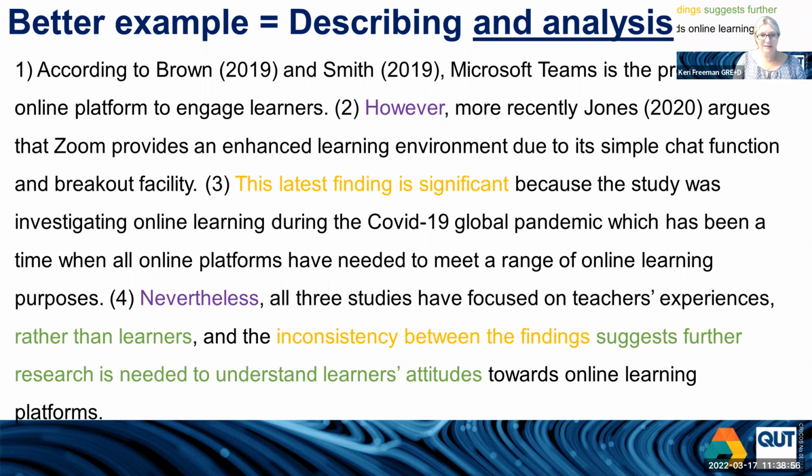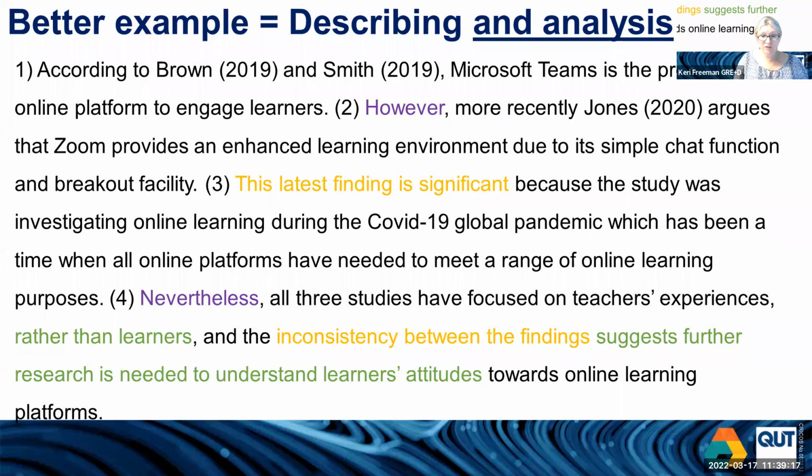Explicit and clear. Transition signals, notice in yellow, there's an inconsistency between the findings. Don't make the reader work that out for themselves. You tell them that there's an inconsistency. And what does that inconsistency suggest? We need to be explicit and we need to be clear at all times.